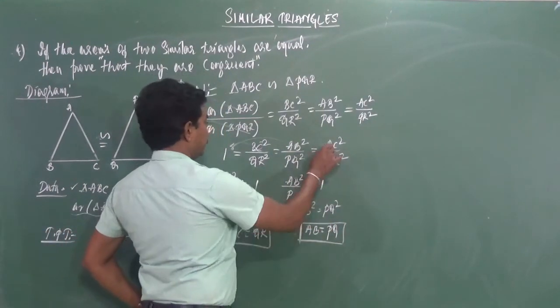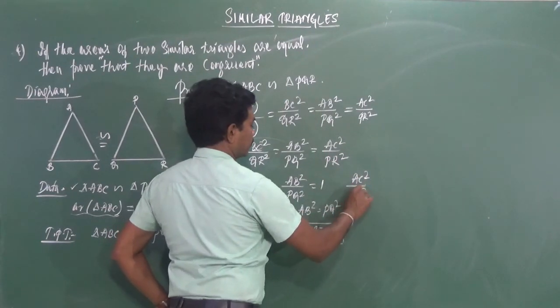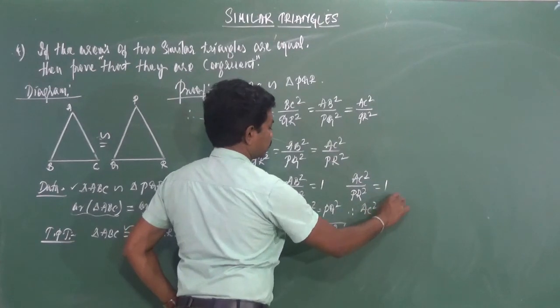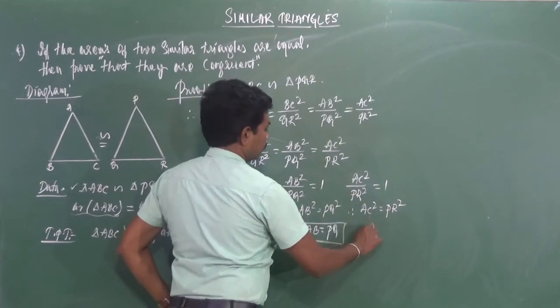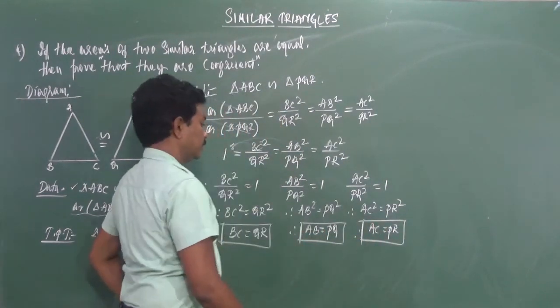Then we will equate this with 1. AC square by PR square is equal to 1, so AC square is equal to PR square. Therefore AC is equal to PR. These are the three results we have got.